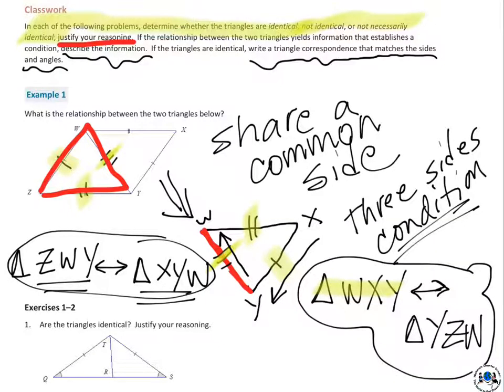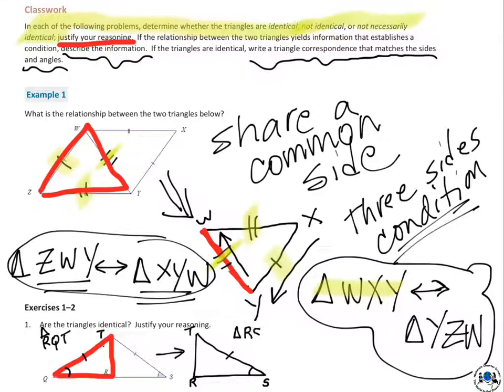Exercise 1 here asks us, are the triangles identical? If we take a look here, let's pull out that triangle and cross out the other one, and make note of what we have so far. We have triangle RQT on one side and triangle RST on the other side.